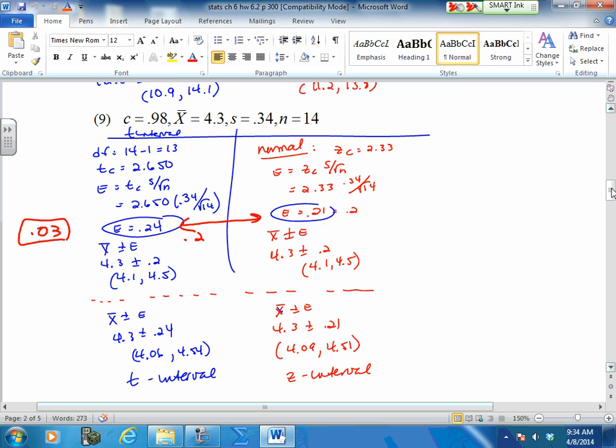When I put your 4.06 and 4.54 here, 4.09 is actually in here, 4.09 to 4.51. So you can see that your Z interval is slightly narrower than your T. Put it on the number line because I think it's helpful.